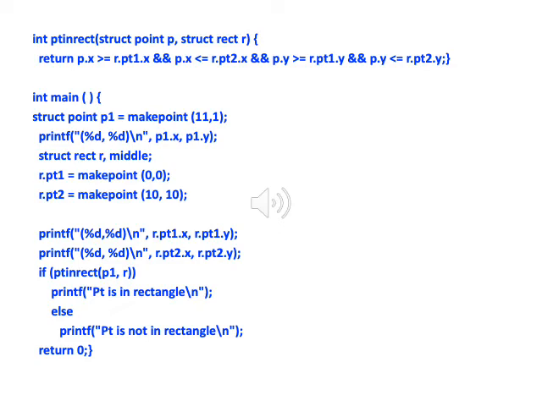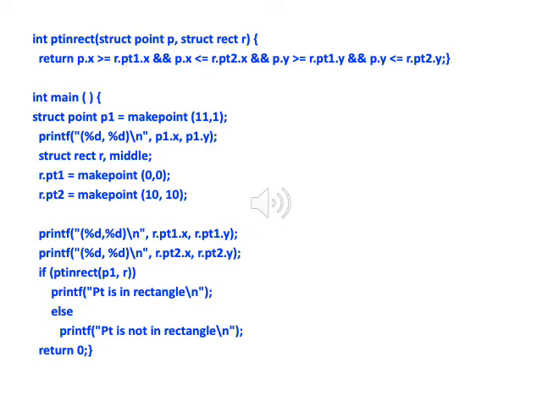So the effect of that is now for P1, the values are loaded. The x component is 11 and the y component is 1. So P1 has a value now. So just to test it out, we can print it. So we have printf %d comma %d and then p1 dot x and comma p1 dot y. So both of these values will be separated by a comma and enclosed in brackets.